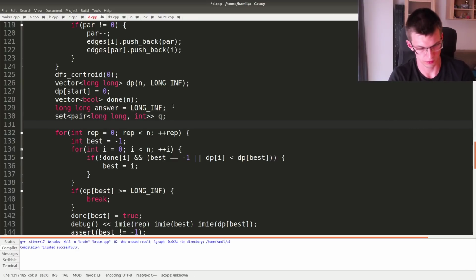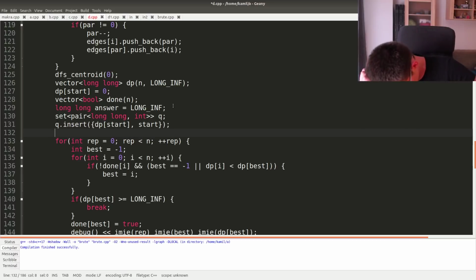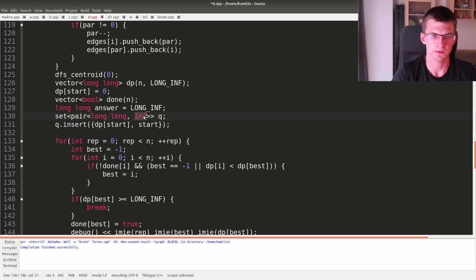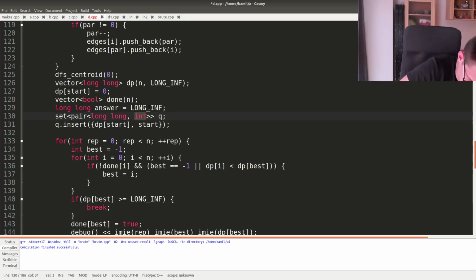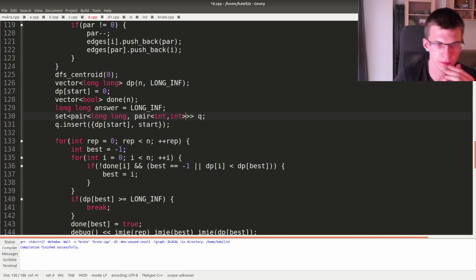This kind of queue. I think I want two types here. Yep.